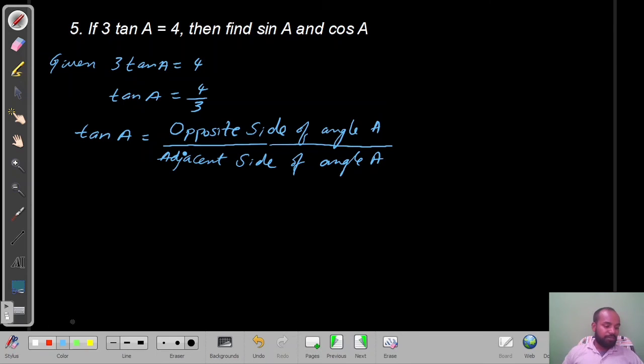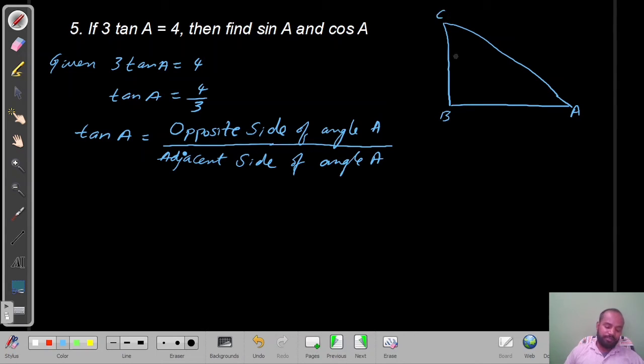So this is the fifth problem. We should draw one triangle here. So triangle ABC, as same as what we did in the previous class.